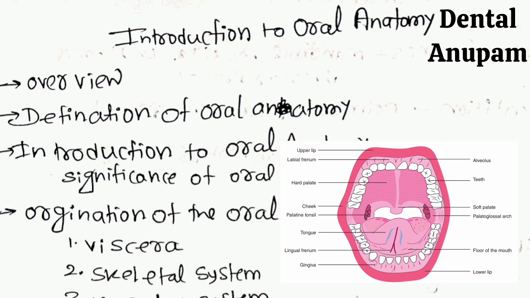The oral cavity is composed of a variety of structures which play a vital role in essential physiological activities such as speech, mastication, deglutition.